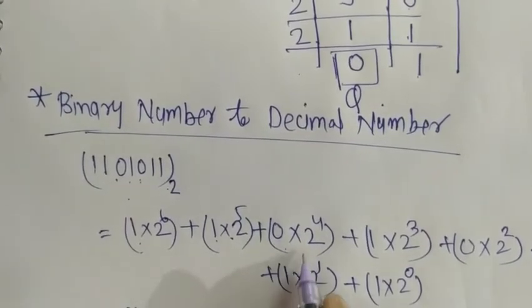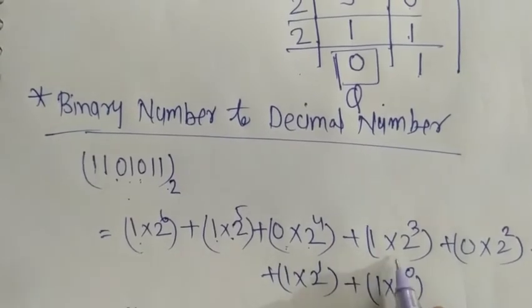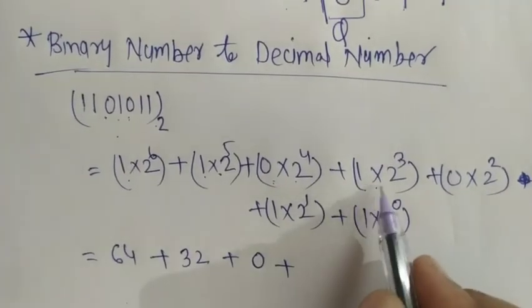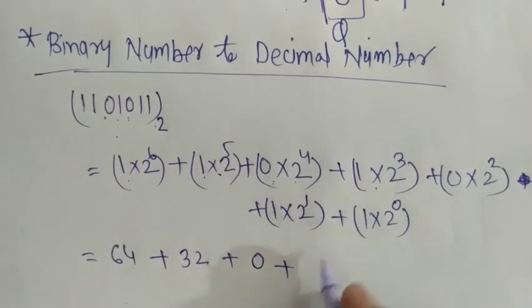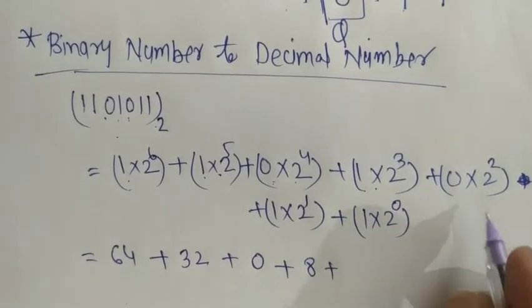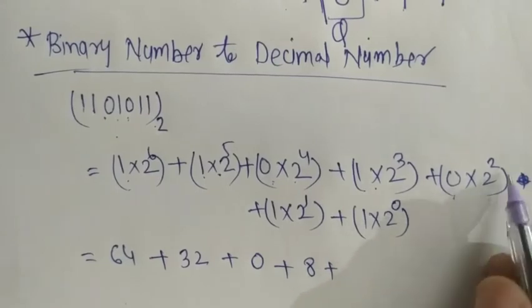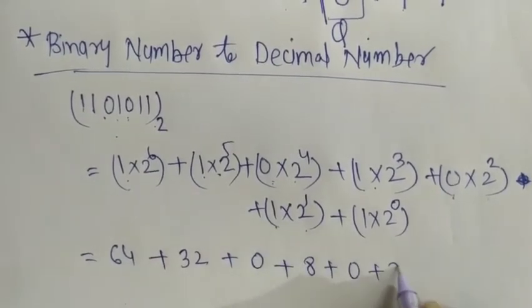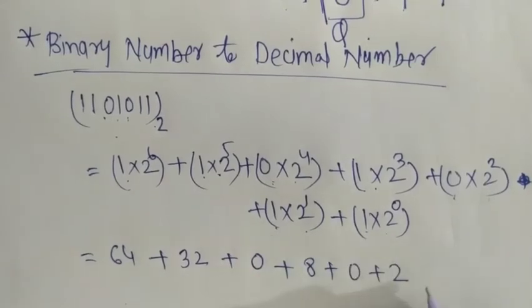Plus 0 into something, which means 0, plus 1 into 2 raised to power 3, which will be 8. 0 into 4 means 0. 1 into 2 means 2, and that will be 0.